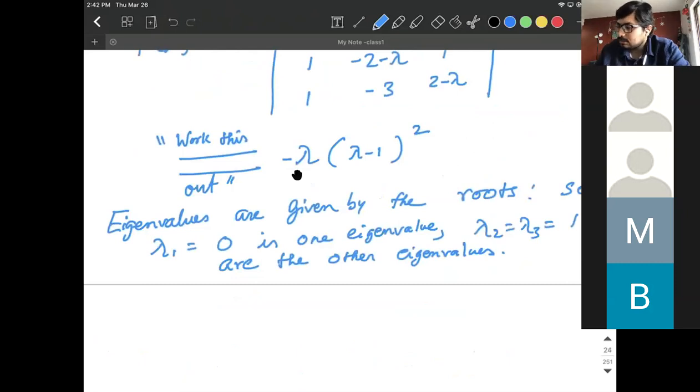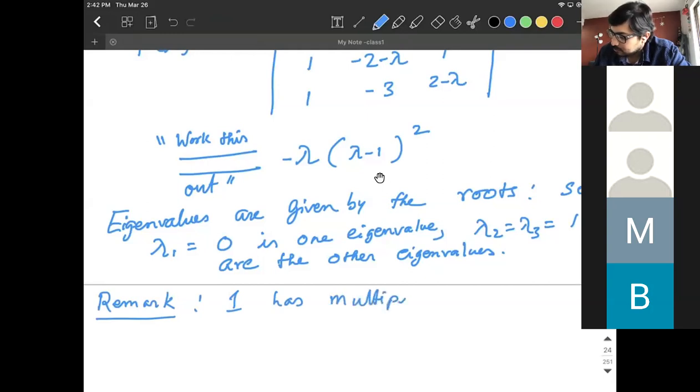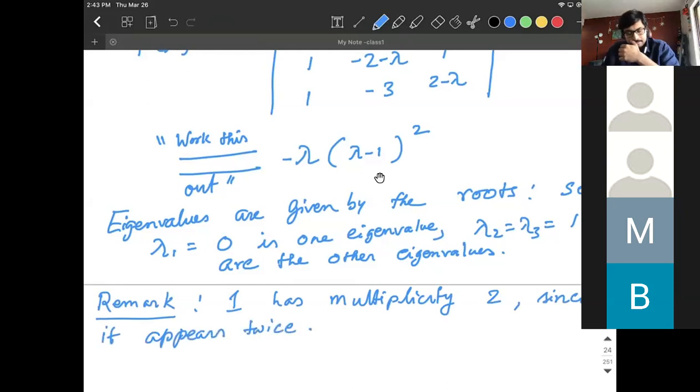In the sense that 1 is an eigenvalue which appears twice. So maybe I'll make a remark. 1 has what we call multiplicity 2, since it appears twice. So this has multiplicity 2 and 0 has multiplicity 1.